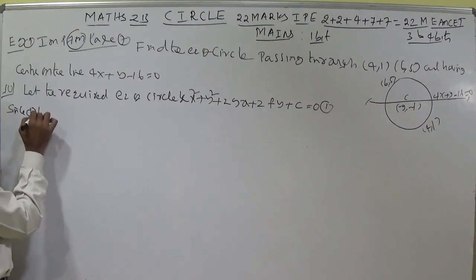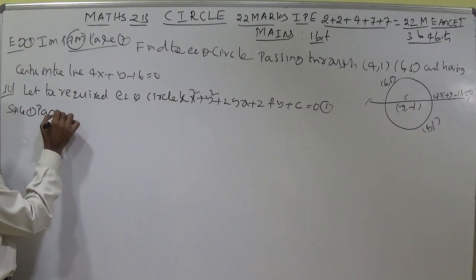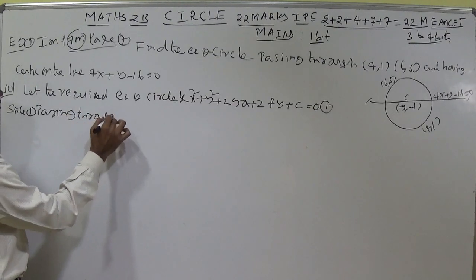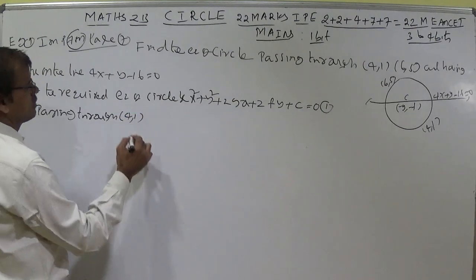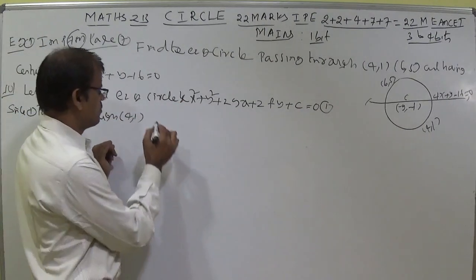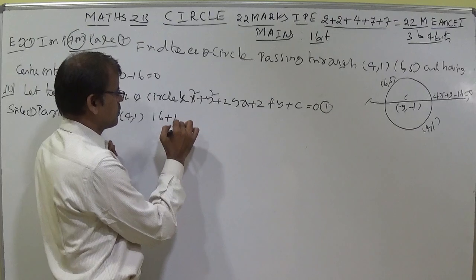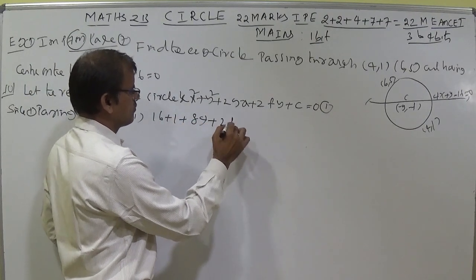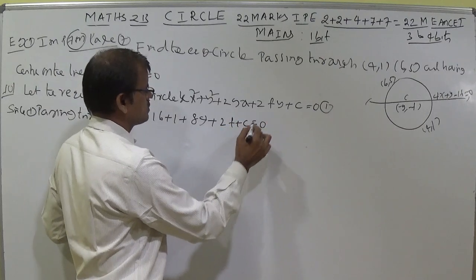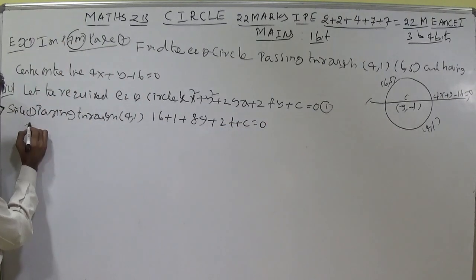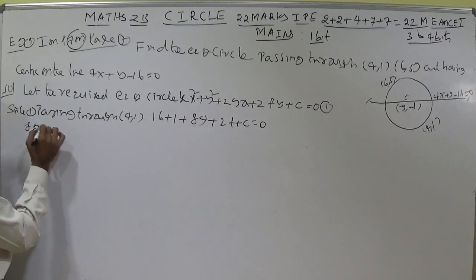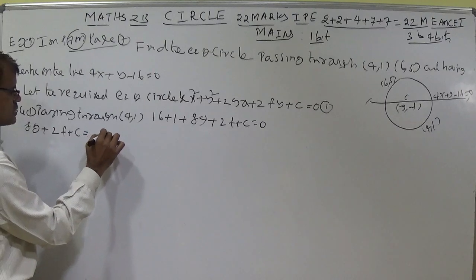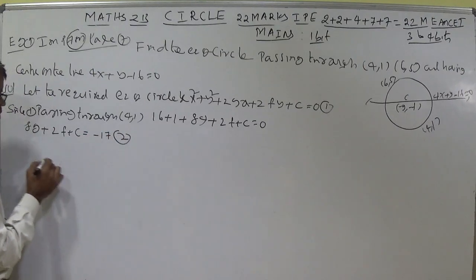Since it passes through 4, 1, substitute here: 16 plus 1 plus 8g plus 2f plus c equal to 0. You can write this as 8g plus 2f plus c equal to minus 17. Let it be equation 2.